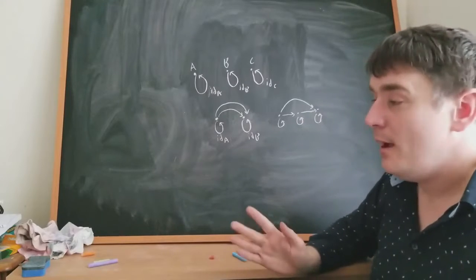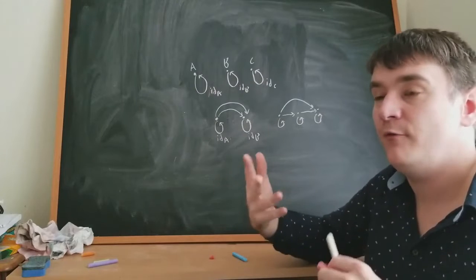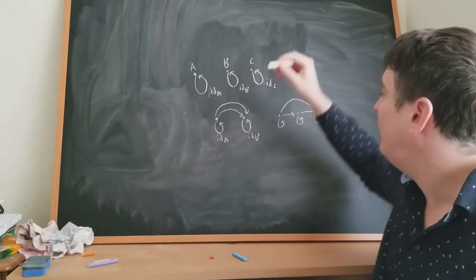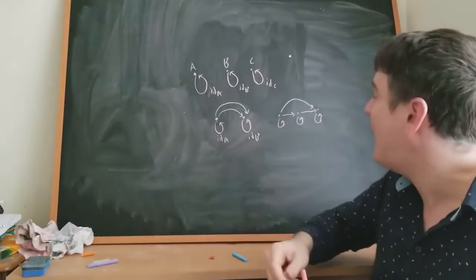And so on. Now let's talk about a type of category which is very important in mathematics, and that's a category which has just one object but potentially many arrows.